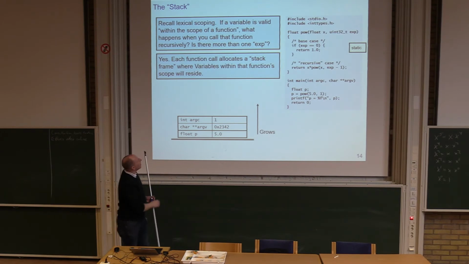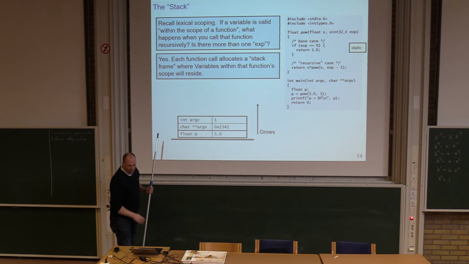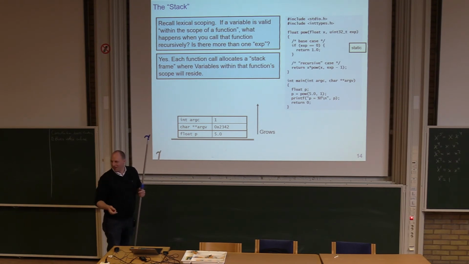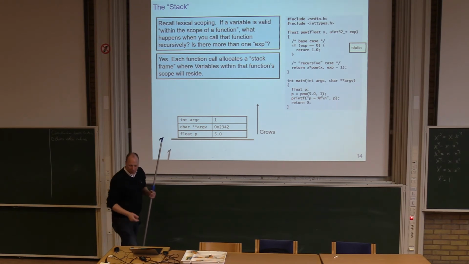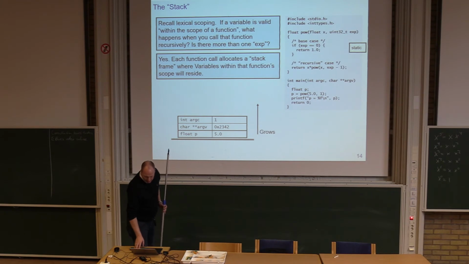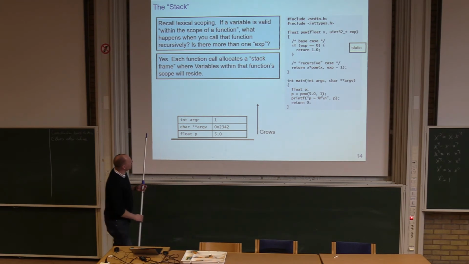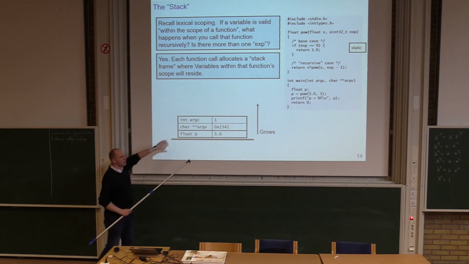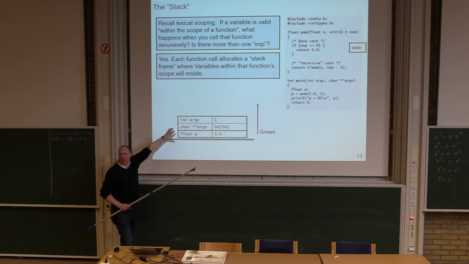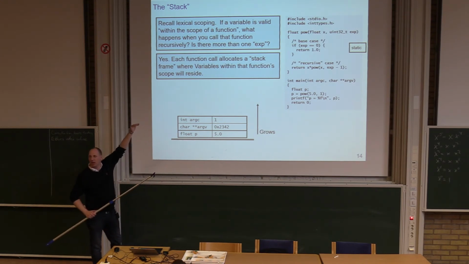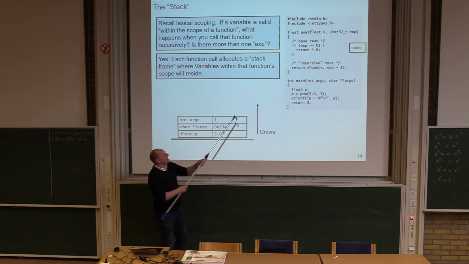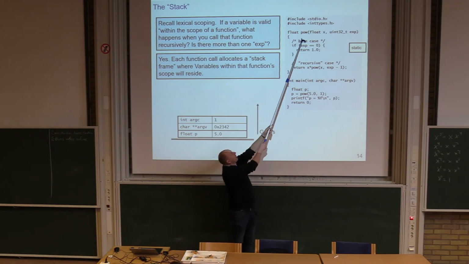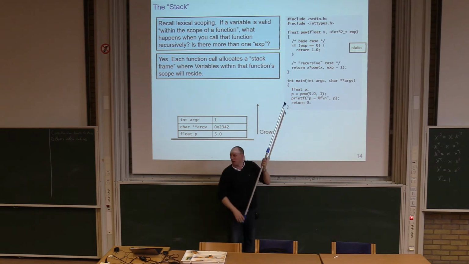Yeah, so this is a nice way to understand how functions call each other. Okay. Of course, there is a problem with the stack, because when you have the stack, you need to set aside a certain amount of memory, and you don't really know in this case how many times I will call the pow function, right?